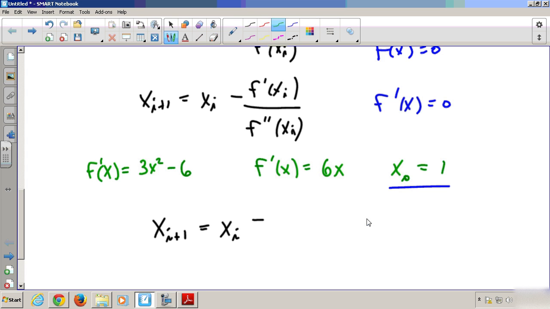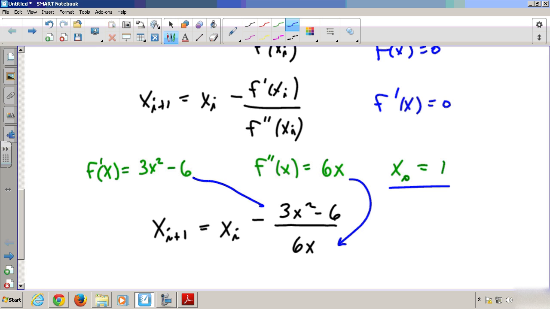Oops, hold on, this is second derivative. So that's going to be 3x squared minus 6 divided by 6x. You see that? There you go. So now it's plug and chug.